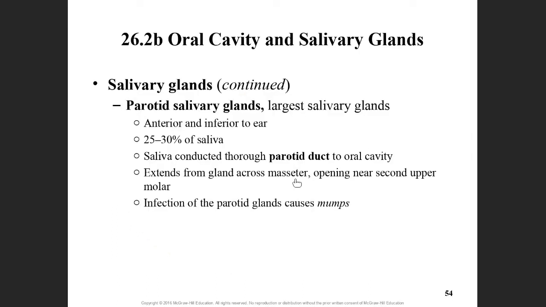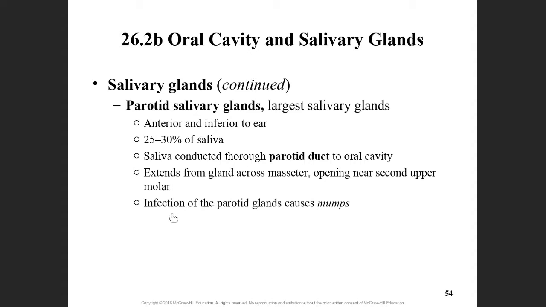From this gland, we have a duct, which we call the parotid duct, to the oral cavity. This parotid duct extends from the gland across the masseter and opens near the second upper molar tooth, which I will show you later.